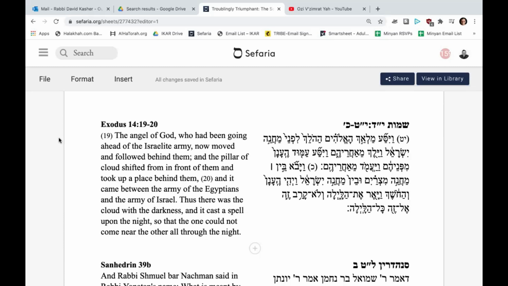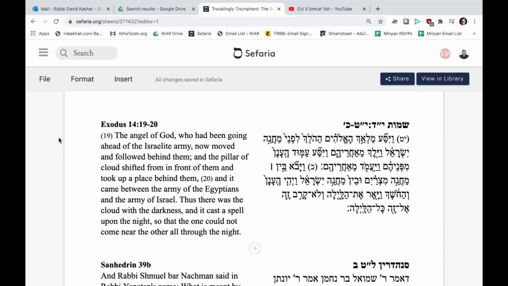The drama really starts to build in verse 19, because the angel of God, who had been going ahead of the Israelite army, now moved and followed behind them. It's amazing. Think about the choreography or the mapping of this. The angel of God is out ahead and then moves behind them, and the pillar of cloud shifted from in front of them and took a place behind them.